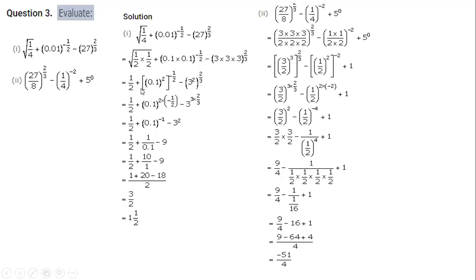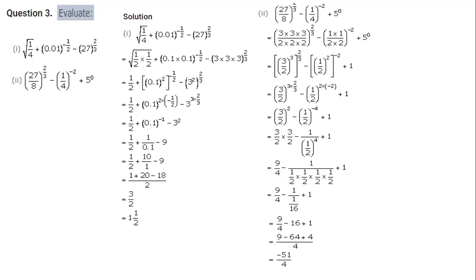So we'll get (0.1) whole power 2 into minus 1/2. Cut this 2, we are left only with 0.1 power minus 1. Second term solved, come to the first term, 1 by 4. Square root of 1 is 1, square root of 4 is 2. So directly you can write 1/2.